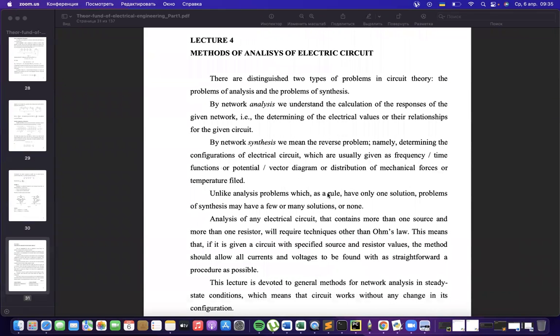And then we moved forward to the main mathematical methods, how currents, voltages, and powers could be found in a complex system when we have lots of elements.